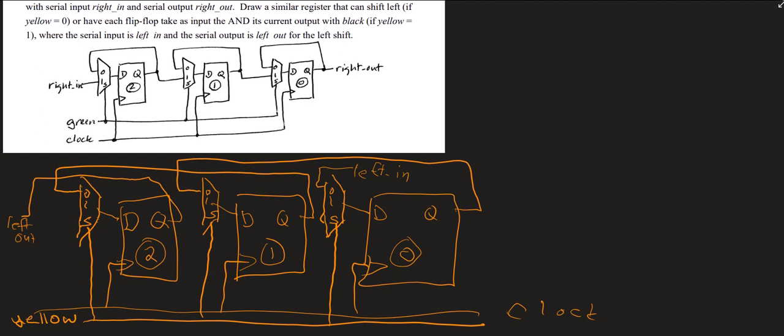Okay, so we've taken care of yellow equals 0. Now, if yellow is 1, the flip-flop will take as an input the AND of its current output with black. So we have a new variable that we'll call black.